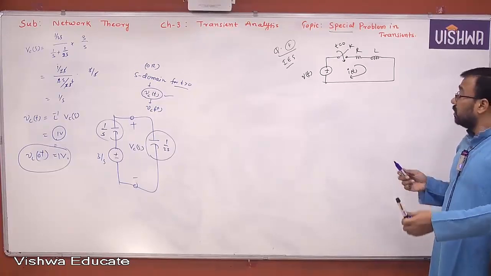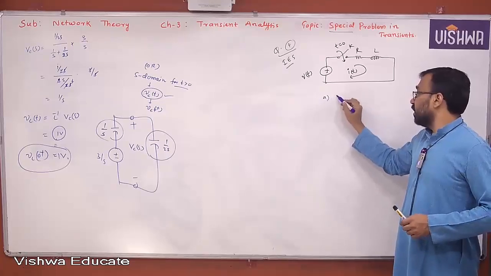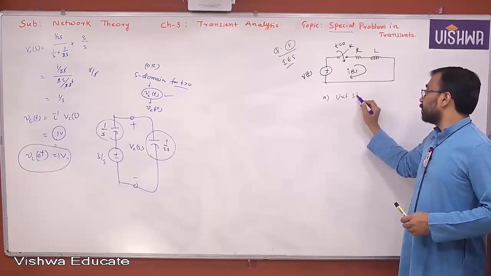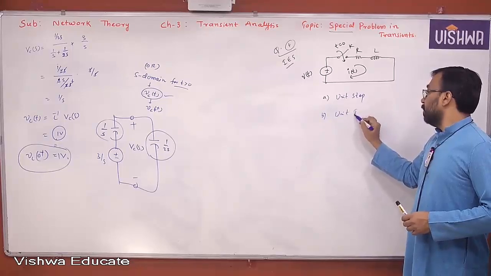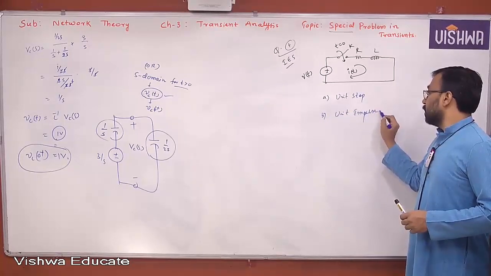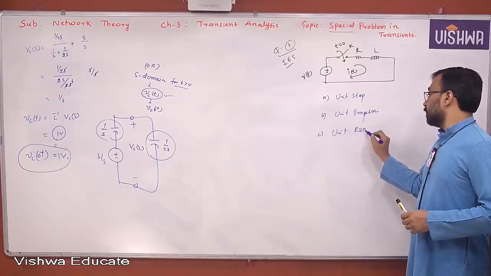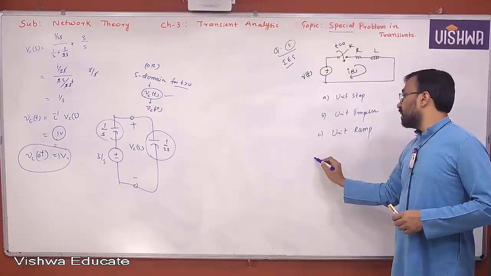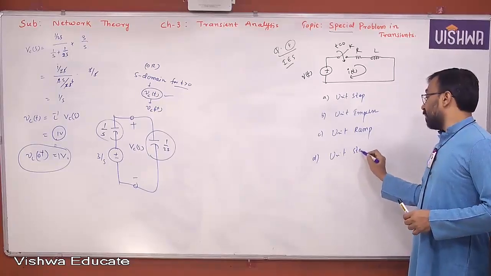First of all, what is the first option actually? Unit step, right? B, unit impulse. C, unit ramp. D, unit step plus ramp combination.